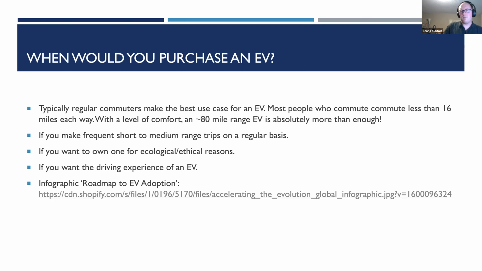Those were more than enough for most drivers. In fact, the numbers that we were often given by the California EPA was that an 80-mile range vehicle suited the needs of 95% of all trips taken on a daily basis all year. So that's why those early vehicles were targeted around that 80-mile range. The Leaf was like 60-something miles to start with. The Chevy Spark was 80 miles.